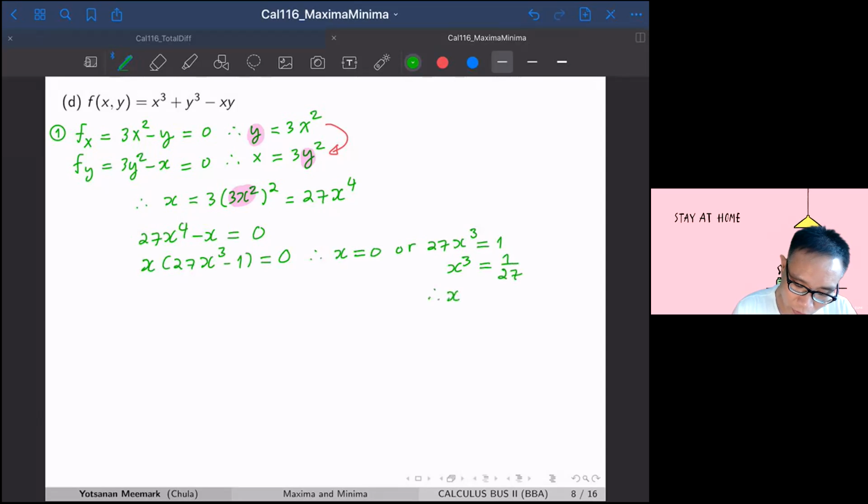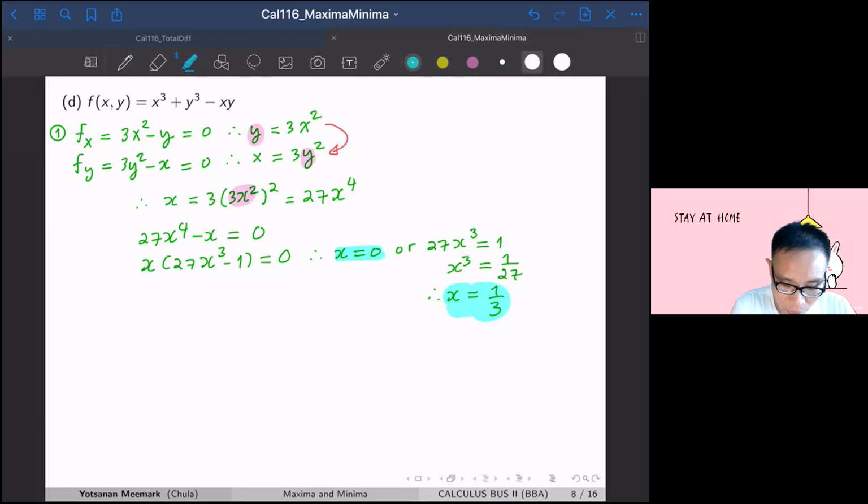This would lead you to x equal to 1/3. So you have two values of x, which are x equal to 0 and x equal to 1/3.